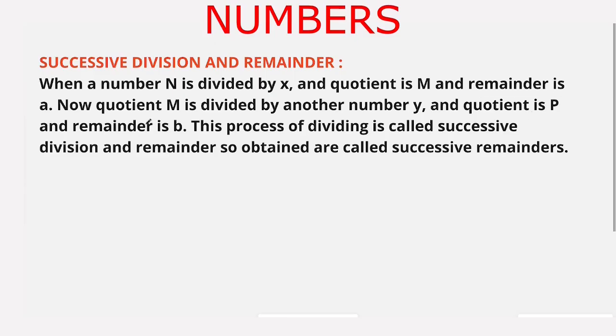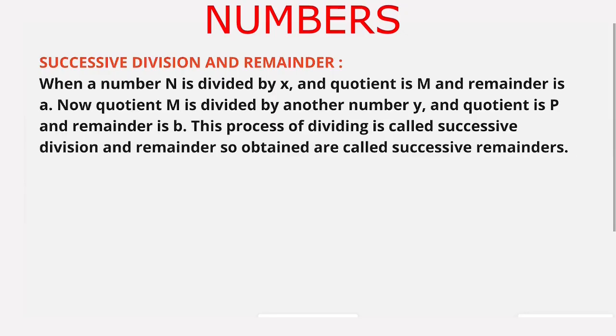Now quotient m is divided by another number y and quotient is p and remainder is b. This process of dividing is called successive division, and remainder so obtained are called successive remainders.